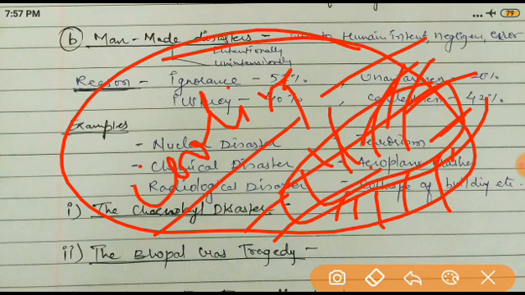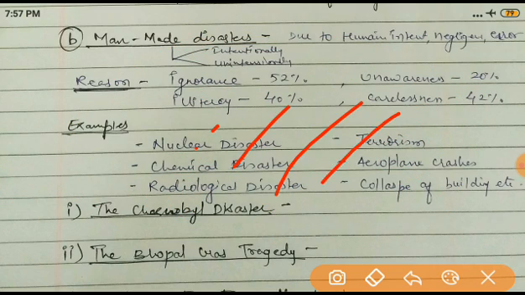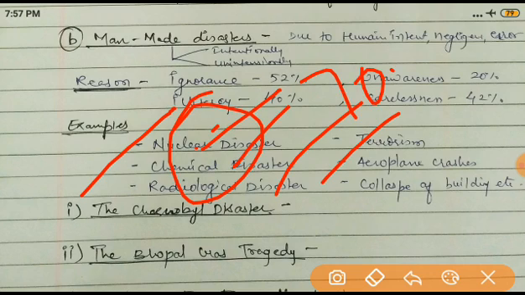Last time I already explained how it works. Due to it, most of the people got cancer diseases, and they died also. And one more important thing: whenever this reactor releases radiation, its impact is very long. In this Ukraine incident, for nearly 70 years, the impact still remains.